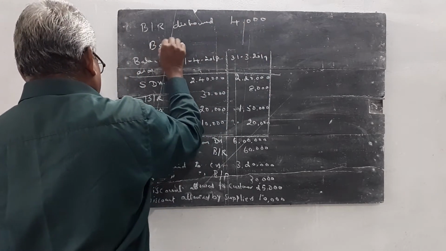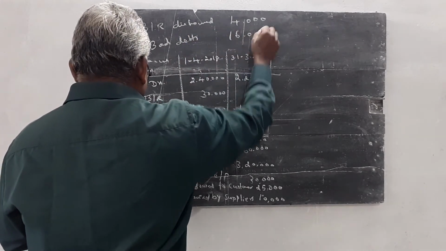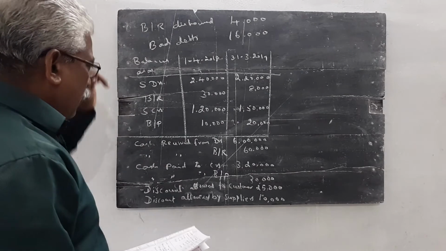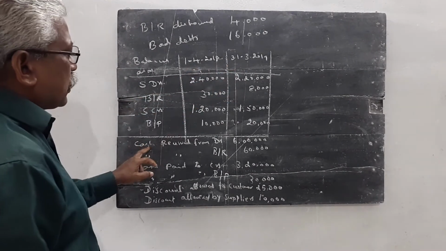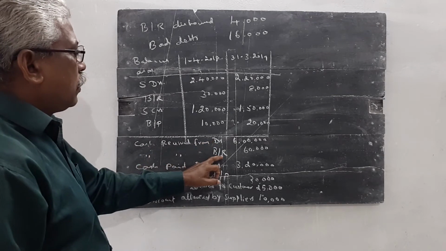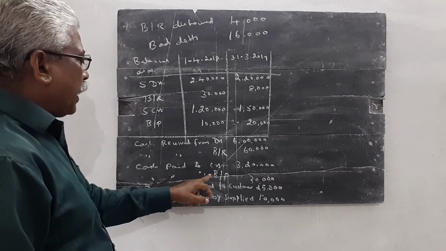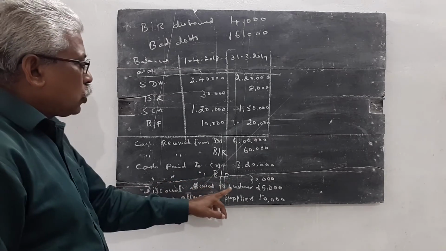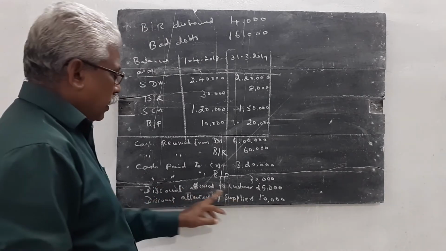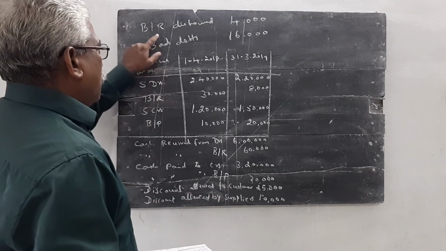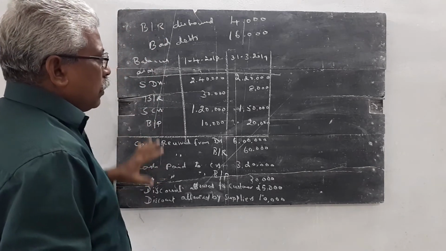Bad debts 16,000. Only this information is given in the question: opening balances, closing balances, cash received from debtors, cash received for bills receivable, cash paid to creditors, cash paid against bills payable, discount allowed, discount received, bills receivable dishonored, and bad debts.